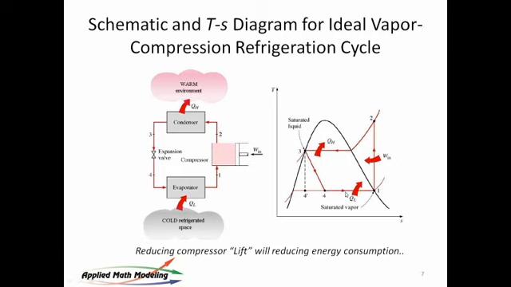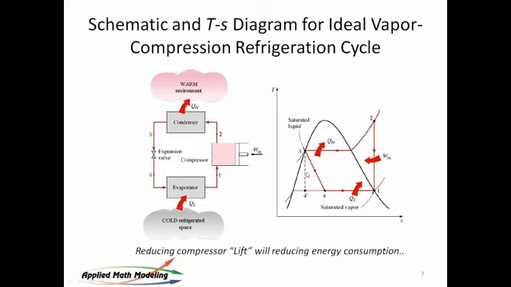You see here that we go from point 1 to point 2. This is where the work goes in. The shaft power goes in here, and we're driving up the pressure and therefore temperature, and then the heat begins to dissipate out. Temperature drops to a certain point, and then the medium changes phase, and we go over here to a saturation point where it can no longer absorb any more heat.